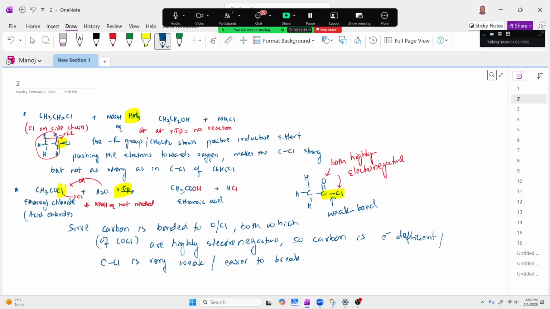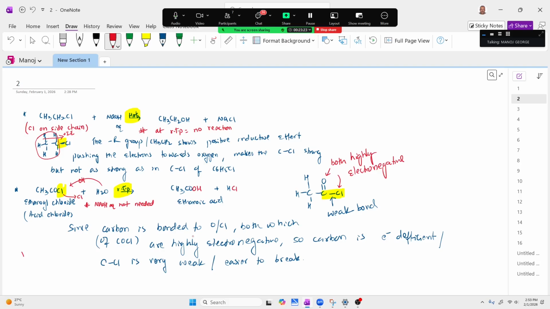Okay, so let me give you another example of how this question will come. You can say C=O is electron withdrawing, which makes the C-Cl weak. But the issue is the carbon is bonded to electronegative atoms on both sides, so it's like getting pulled from both sides. C=O is electron withdrawing is also a comment which can be used.